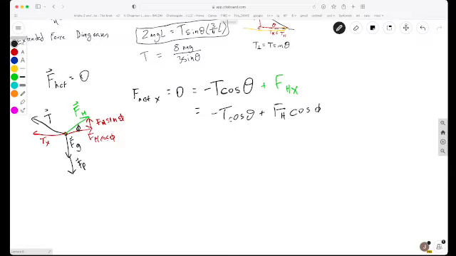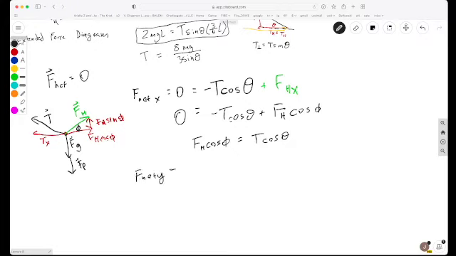And those two sum to 0. So now we know that Fh cos phi is just equal to T cos theta. All that's saying is that the x component of Fh is equal and opposite to the x component of the tension.